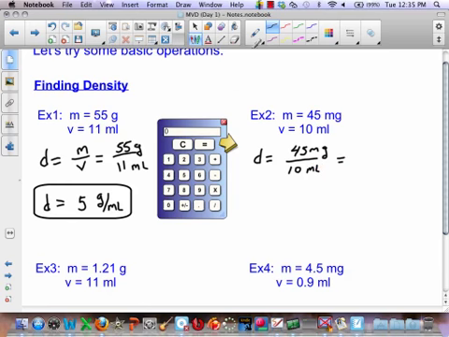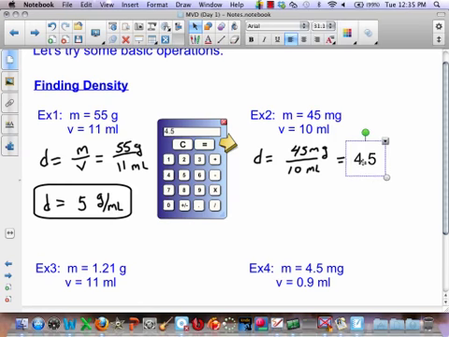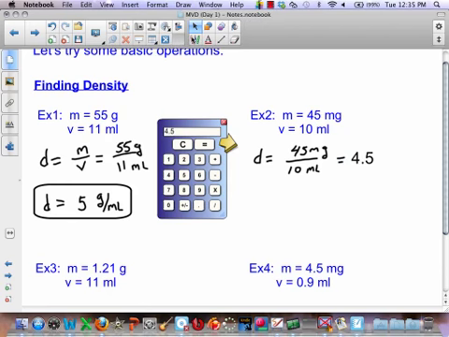Take 45 divided by 10, we get 4.5. And then what would our units be? Milligrams, 4.5 milligrams per milliliter.